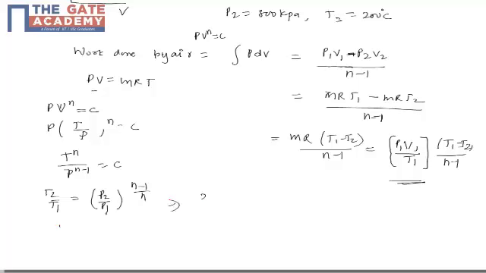let's substitute here, in Kelvin. The starting temperature is 298, and T2 is 200 plus 273, which is 473. So 473 by 298 is equal to the pressure P2, 800 kPa by 110 kPa, whole power (n minus 1) by n.